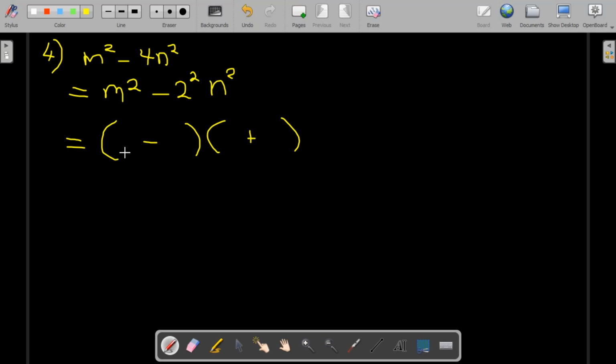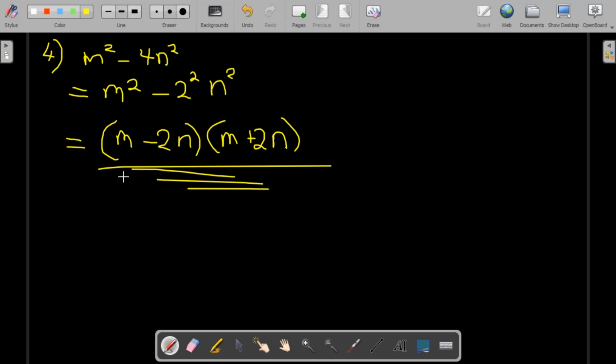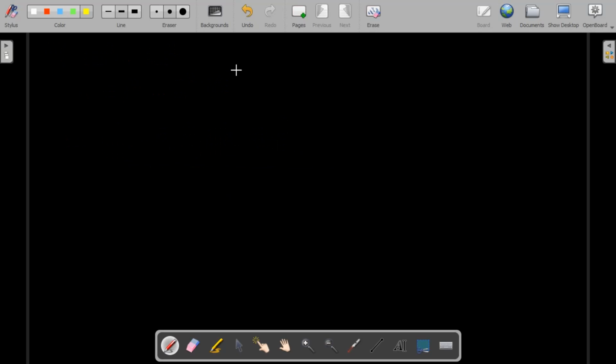And then from there we can say m multiplied by m, it's m squared, 2 multiplied by 2, it's 2 squared, n multiplied by n, it is n squared. So that's what we have. Okay, so that's the final answer. We go to example number 5.